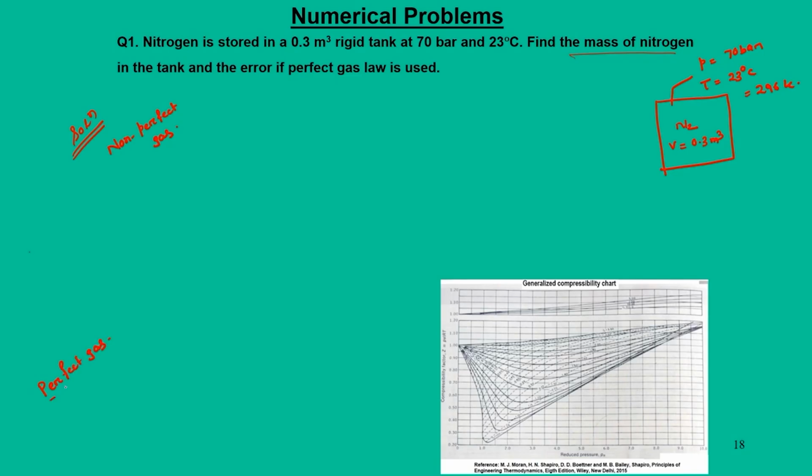Let us say nitrogen is a non-perfect gas; how do you calculate the mass? For that you have to refer to the data table, which is in any thermodynamics book, for pure gases. For nitrogen, this gives two important values called critical values.